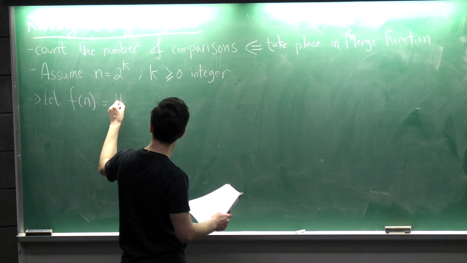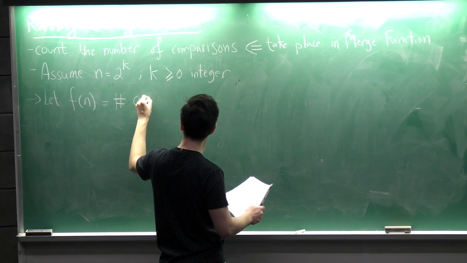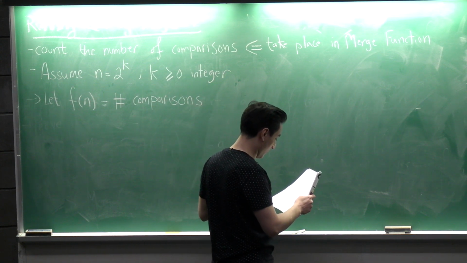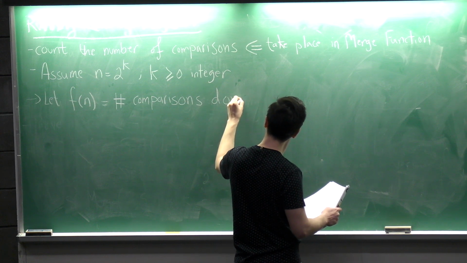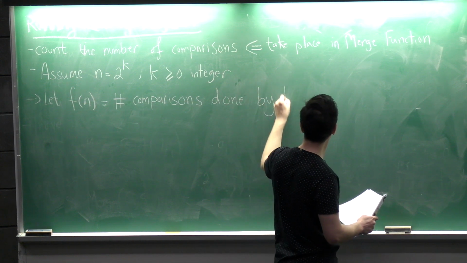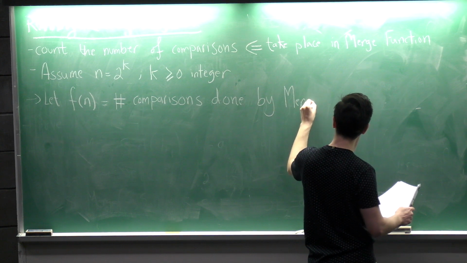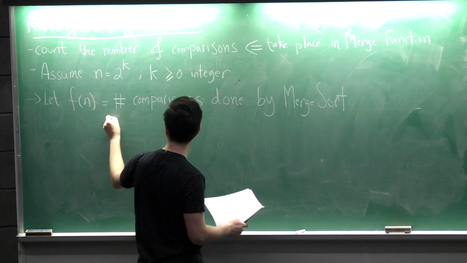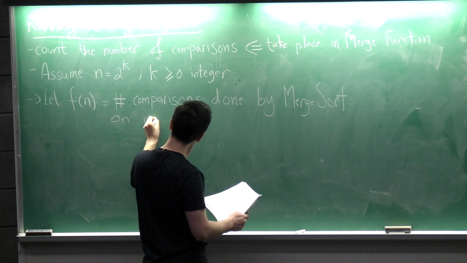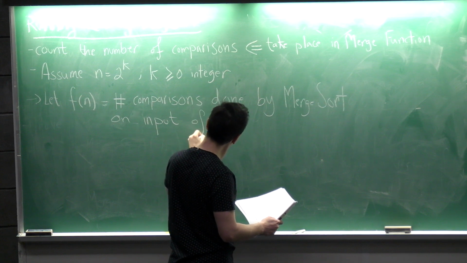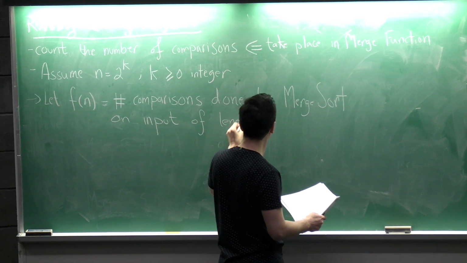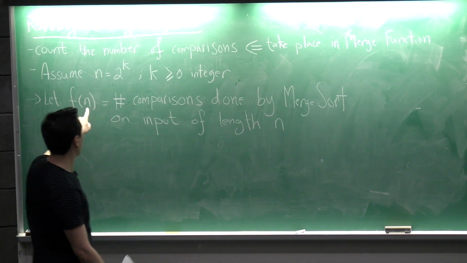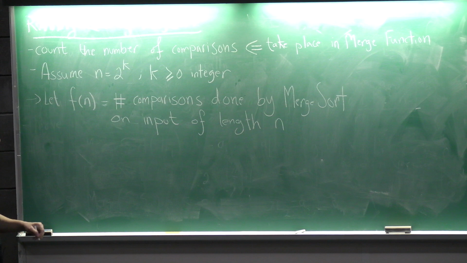It's going to be the number of comparisons done by MergeSort on an input of length n, right? So we're trying to get this function, okay?